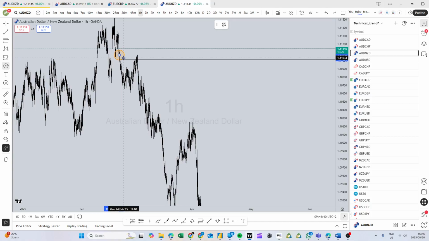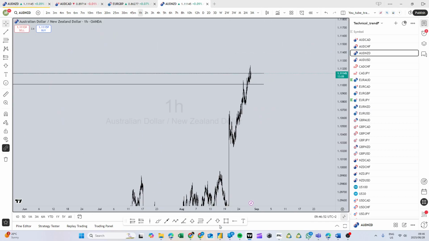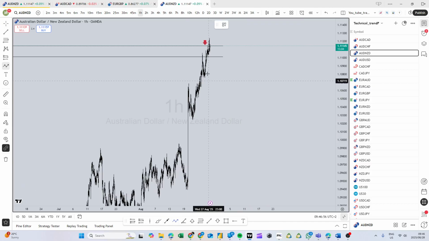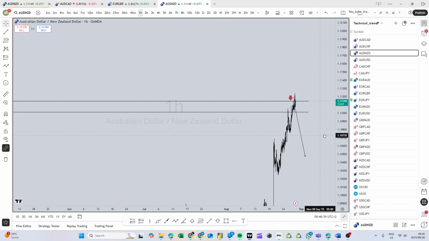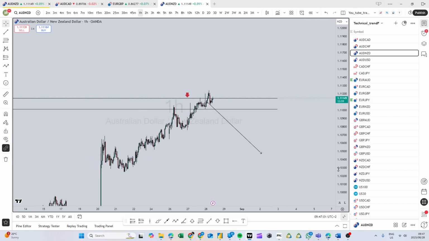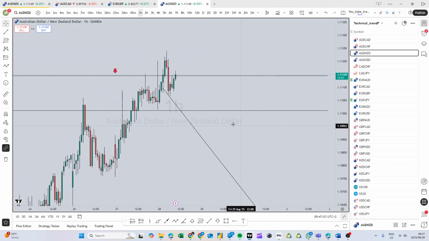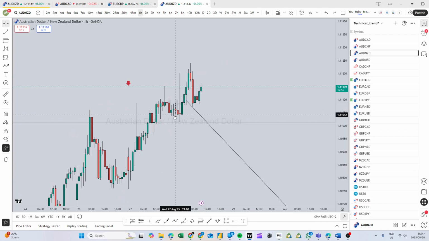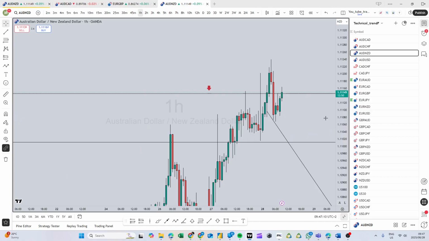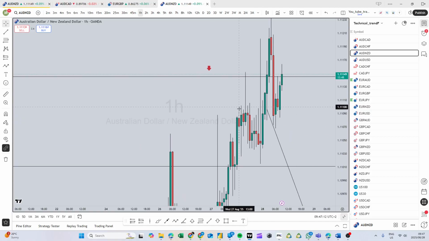We start first with the consolidation right here, and then we had a first very huge move to the downside. Now we came back and retested this area. My expectation was to see again a retracement, but that was not meant to be, so we never got the retracement. But I think I took a trade round about this area here.